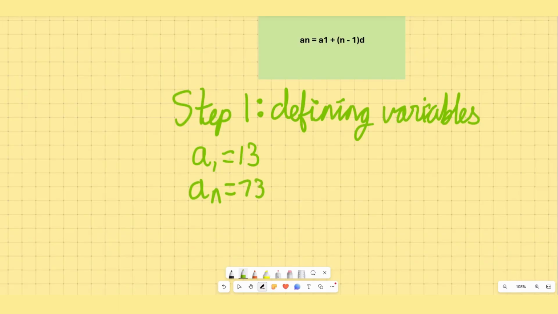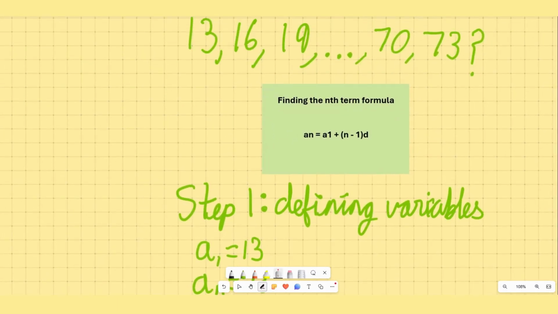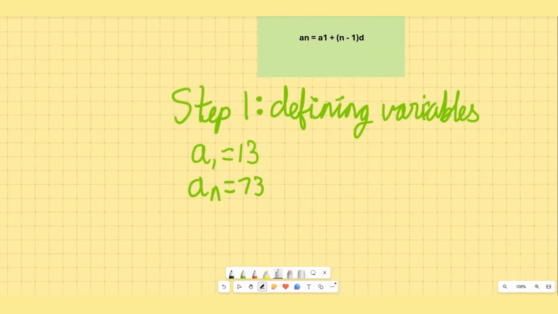And then finally, d, the common difference between all of these terms, is 3, just like the last problem. D is equal to 3.